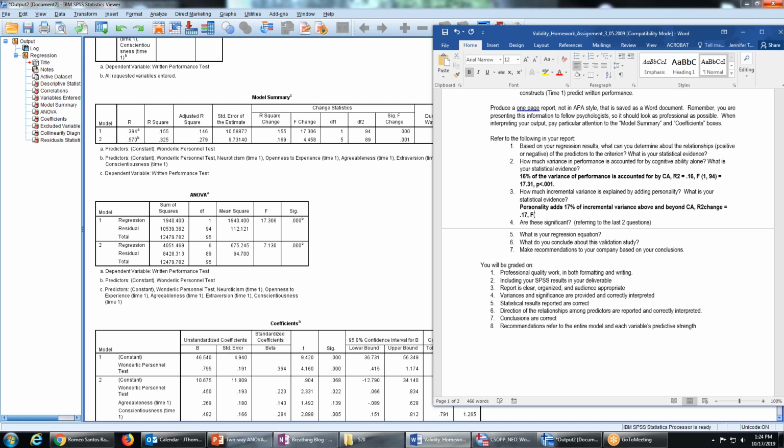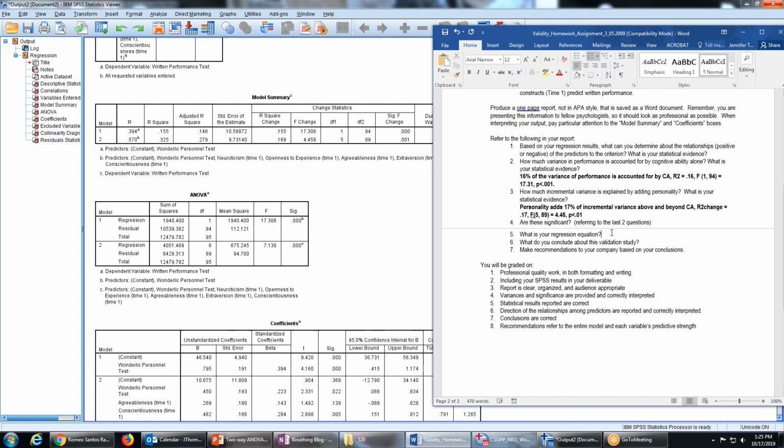F, with 5 and 89 degrees of freedom, equals 4.46. P is not less than 0.001 because it is .001, so I'm going to put less than 0.01. Are these significant? Yes.